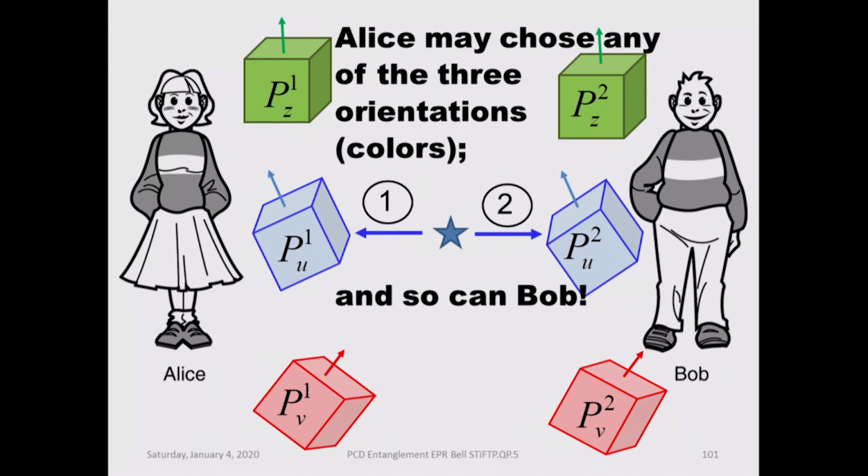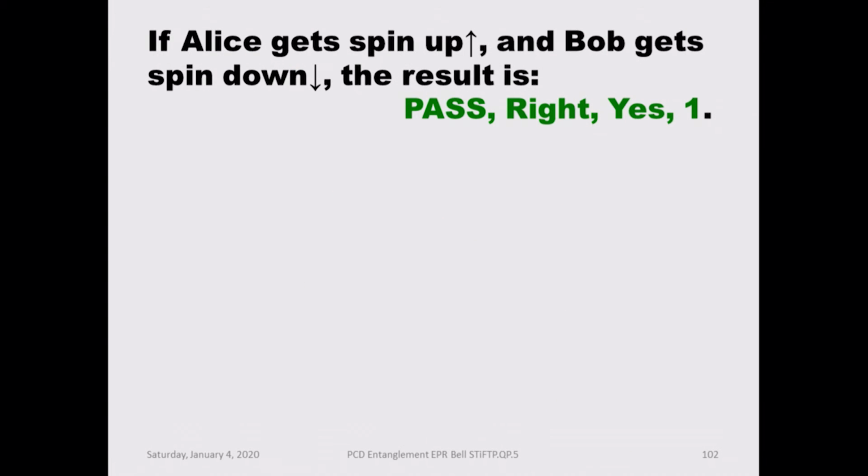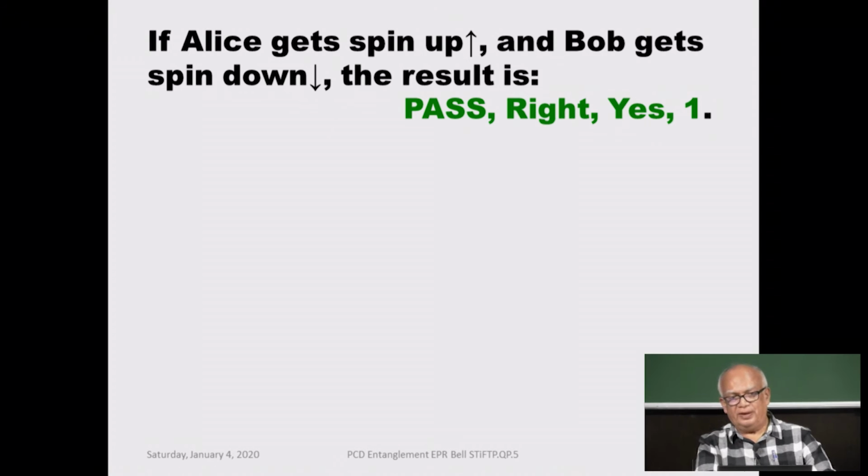And Alice may choose any one of the 3 orientations, Bob can also choose any one of the 3 orientations. And what we are now going to do is the bookkeeping using the yes and no, the pass and fail according to this prescription. So, keep this in your mind very carefully. Alice gets a spin up and Bob gets a spin down.